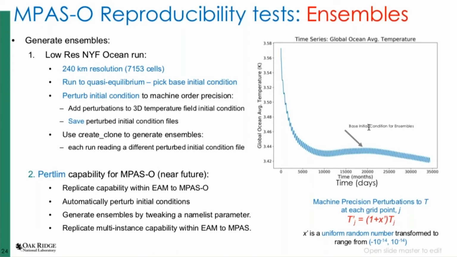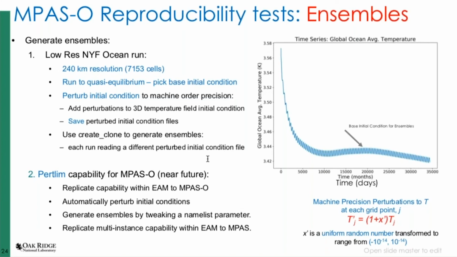So at year 50, we perturb the initial conditions using a Python script to add machine precision temperature perturbations to the 3D temperature field of the ocean. We are saving these perturbed conditions, using create clone to generate ensembles, and then we modify the MPAS streams ocean file to point the initial condition file to the new files.